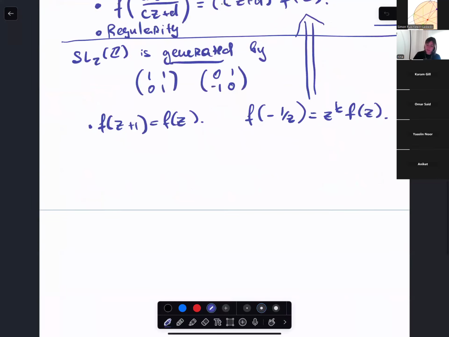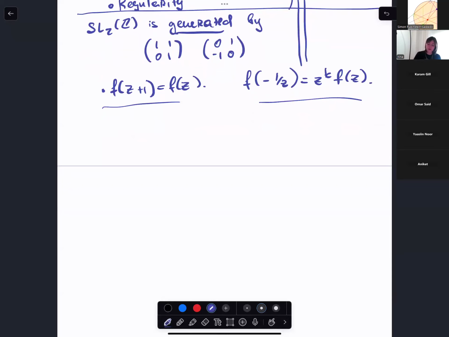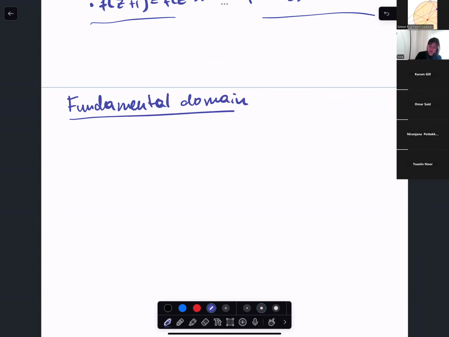One reason that this is important, that there are just these two rules, is the notion of something called the fundamental domain. So let's look at the upper half plane again.